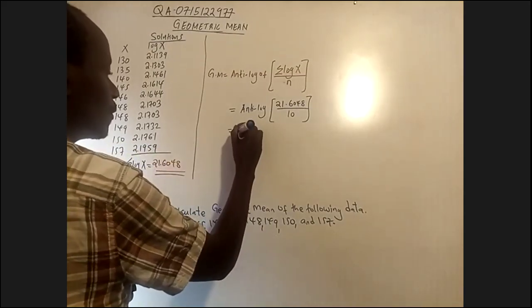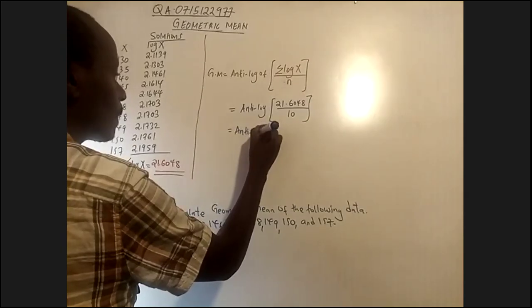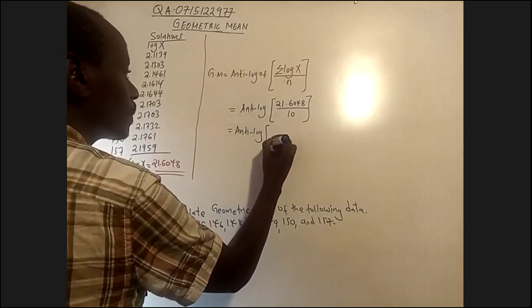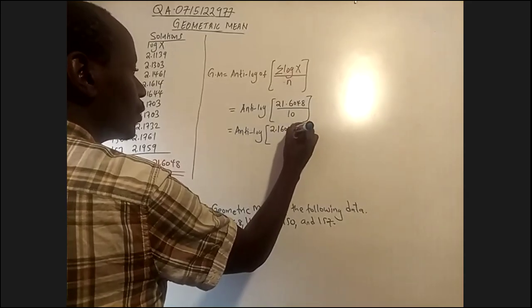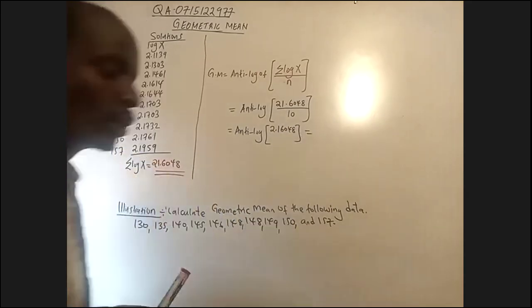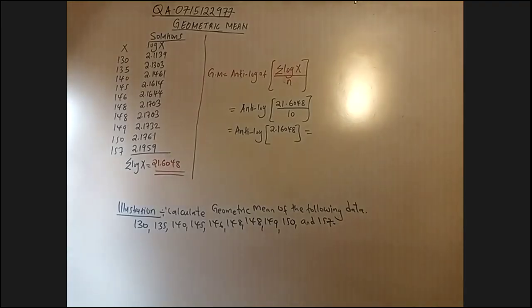Itakuwa antilog of 2.16048. So what is the antilog of that figure? Tunachukua calculator yako unafinya shift then log then unaweka figure 2.16048. Unapata 144.7.